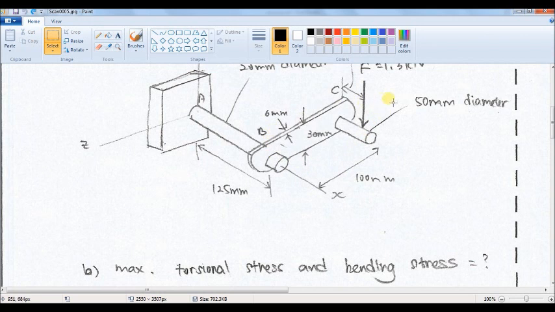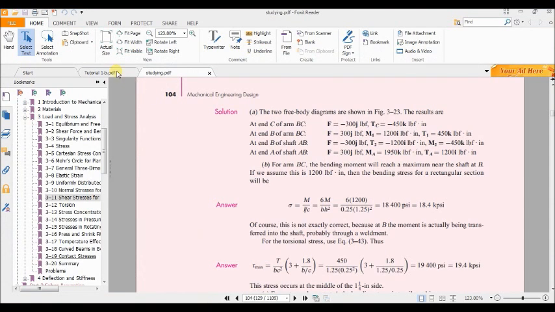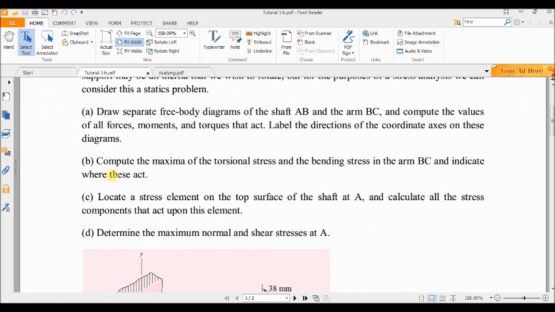In the continuation of this problem, in part B, we are required to compute the maximum of the torsional stress and the bending stress in the arm BC, and we have to show where this maximum torsional stress and bending stress are located, or act.